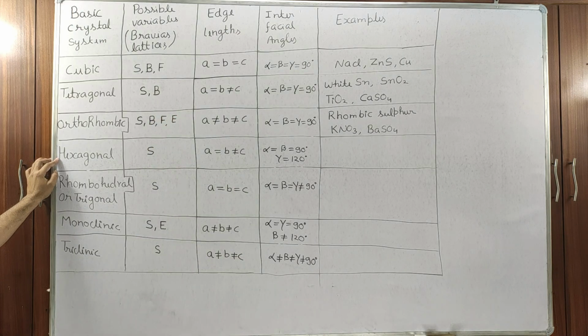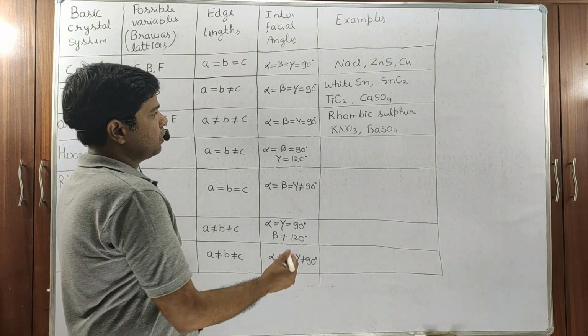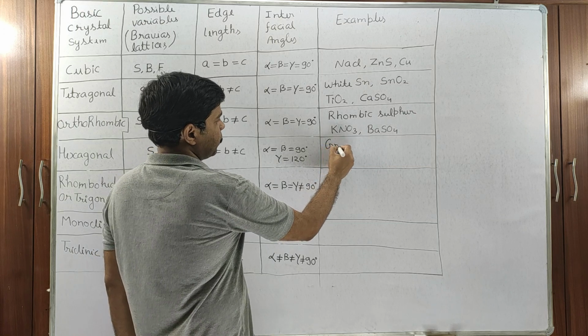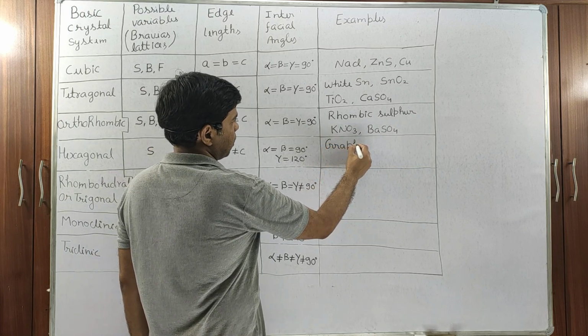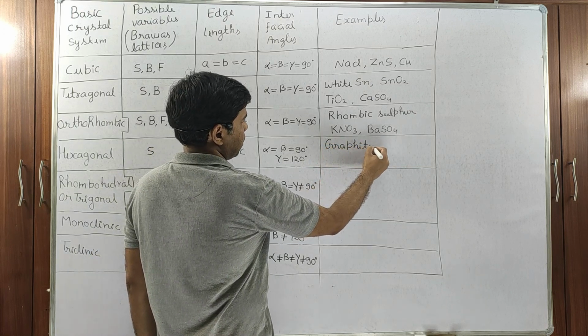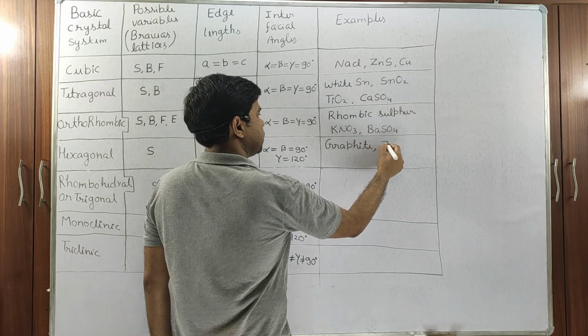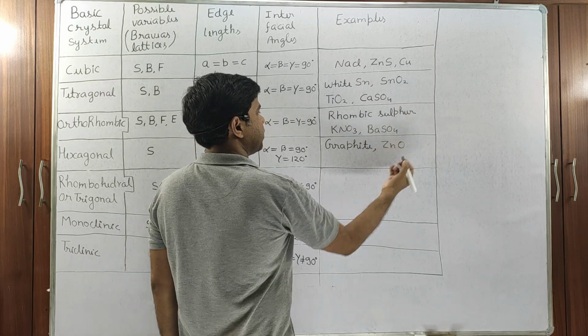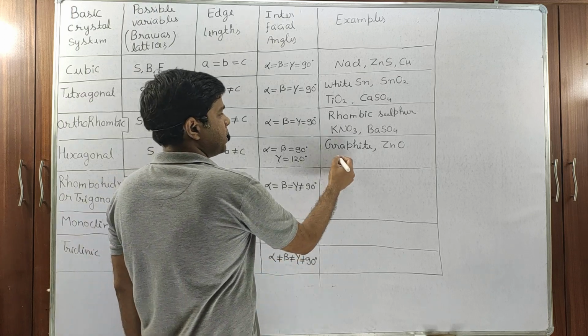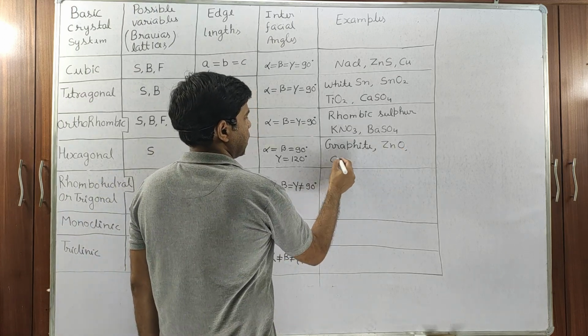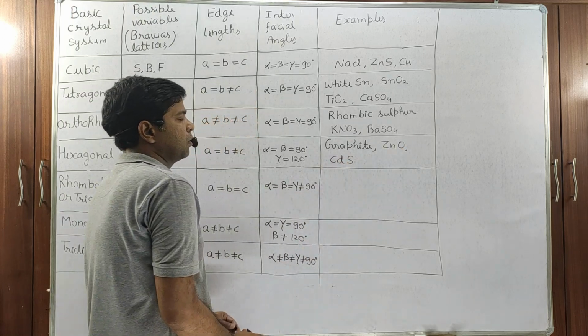The hexagonal we have again examples. These are graphite, then zinc oxide ZnO, and CdS, cadmium sulfide.